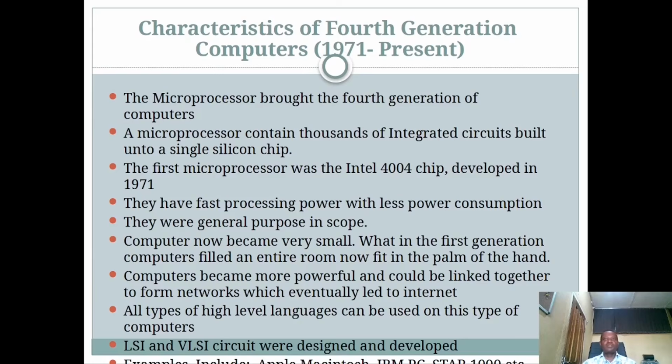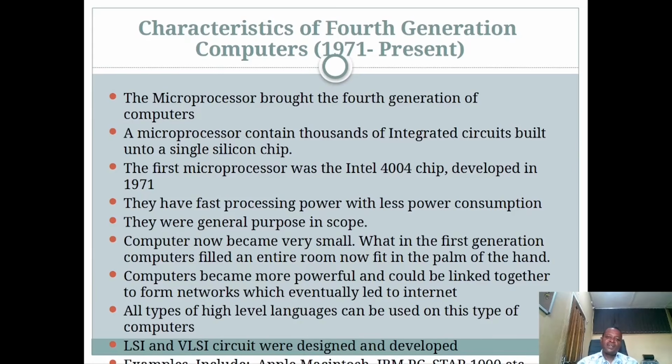These personal computers were everywhere, and because of how powerful they were, it was possible to link computers in a particular location together to share information, files and other resources. This linking of computer systems to form network eventually led to the advent of the internet.